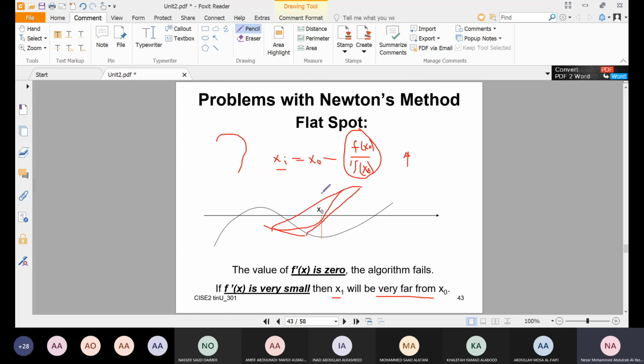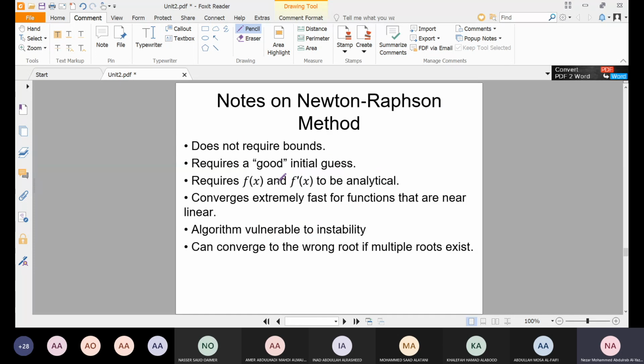So the algorithm might go in circles, rotating like this, or take more time for the estimation. So this is usually the problem with Newton. The main problem with Newton is the first derivative, computing the first derivative of this one. So, notes on the Newton-Raphson method.